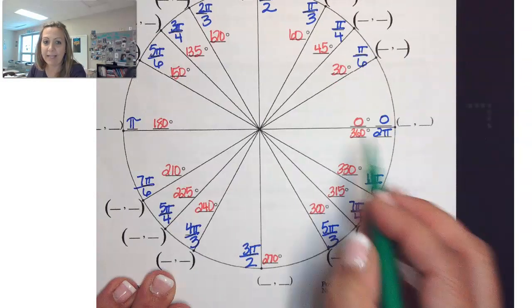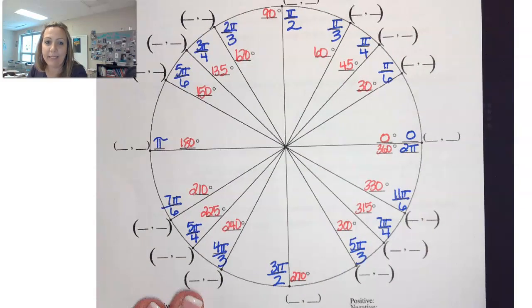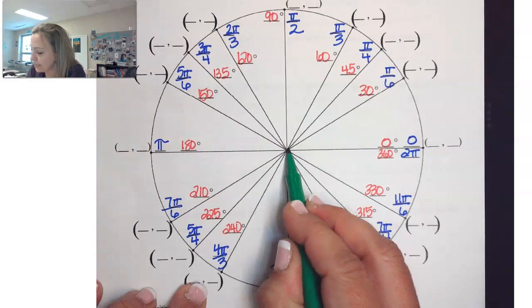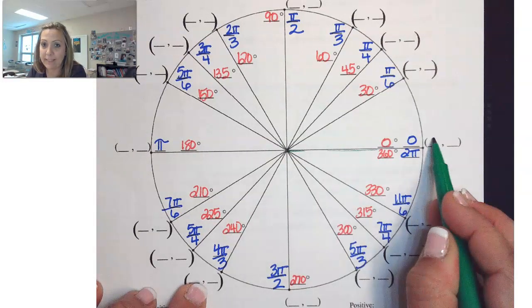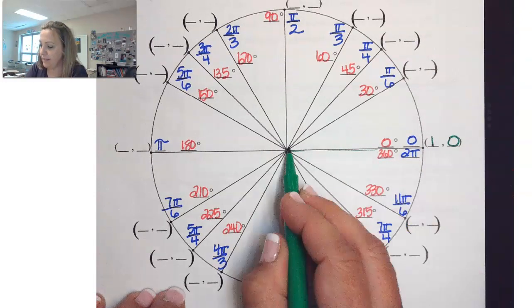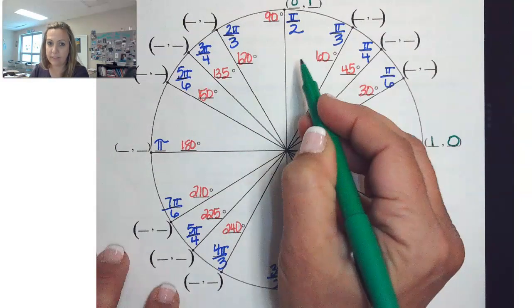So if I look back here, now I have to recenter this. What that means is that from the origin to this point is 1, which means that this would be 1, 0. This is 0, 1. Can you see that?